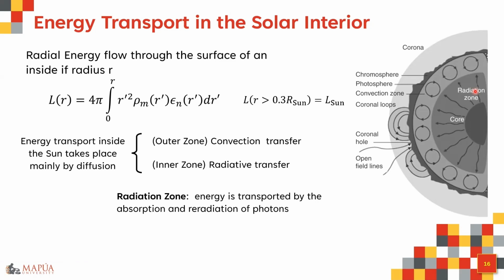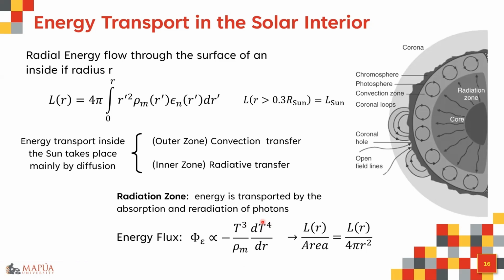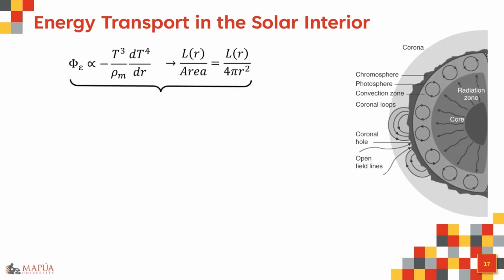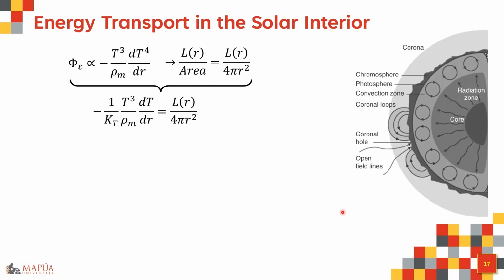At the radiation zone, the energy is transported by absorption and re-radiation of photons. Energy flux by definition is directly proportional to T to the fourth, which is equal to the energy flow transfer rate, L, divided by area. Equating the two, we have this equation.